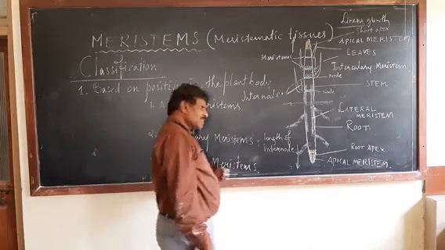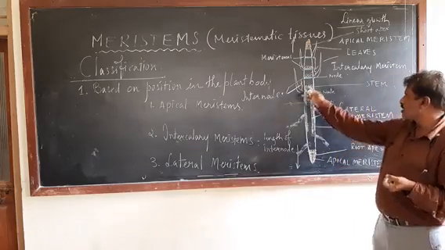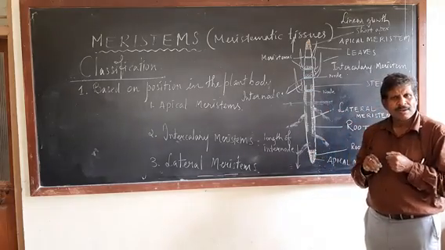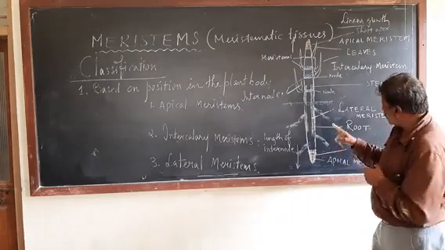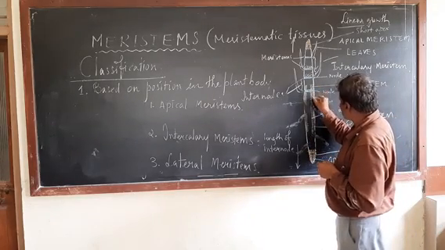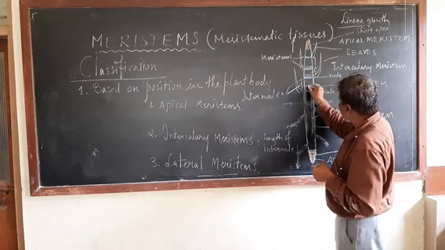Consider the third category of meristems, lateral meristems. They are usually present on the lateral sides of the old stem and root. The cells of this lateral meristem keep on dividing and adding cells in the lateral plane.